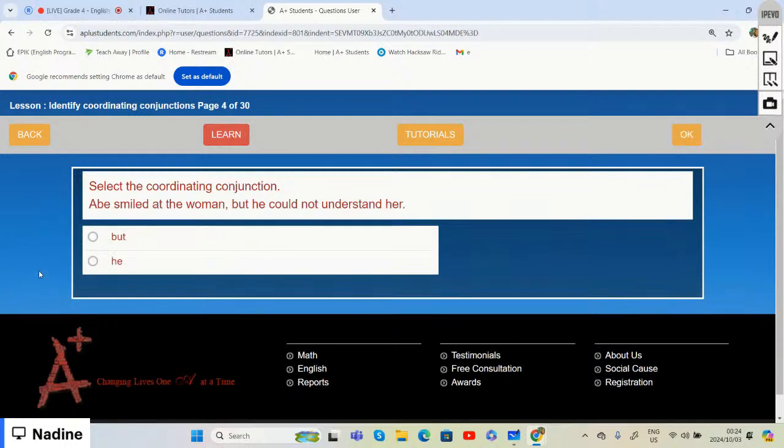Well done. The next one says, Abe smiled at the woman, but he could not understand her. Is that option one, but, or option two, he?